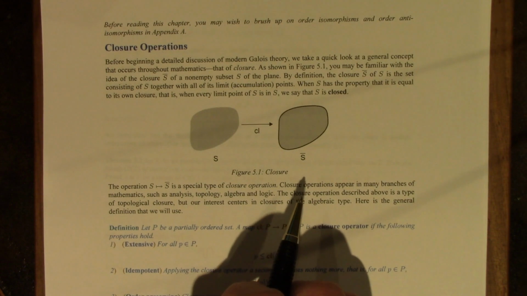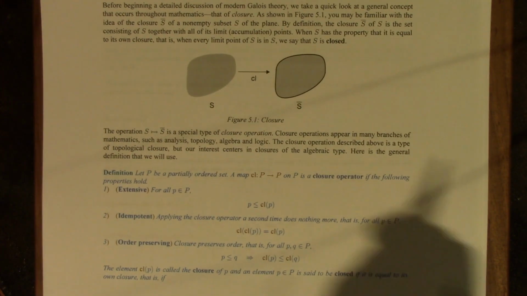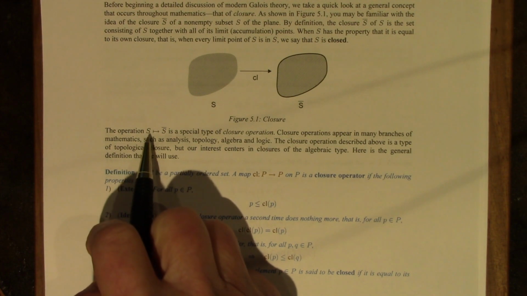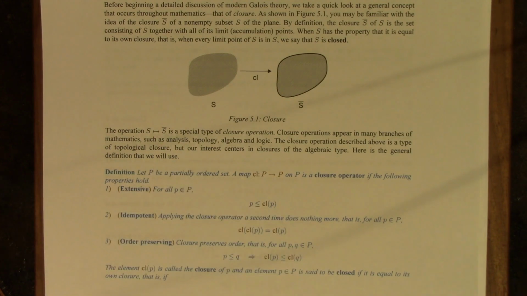When S has the property that it's equal to its own closure, in other words, S contains all of its limit points, then we say that S is a closed subset of the plane. This operation of sending a subset of the plane to its closure is a special type of closure operation.